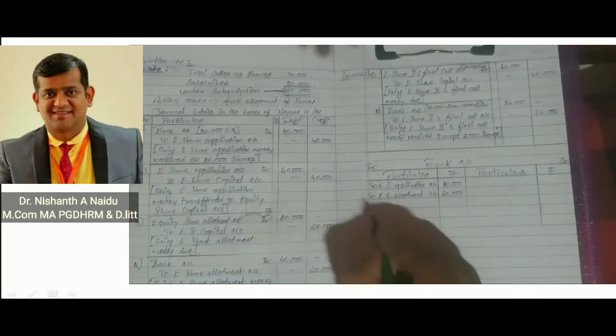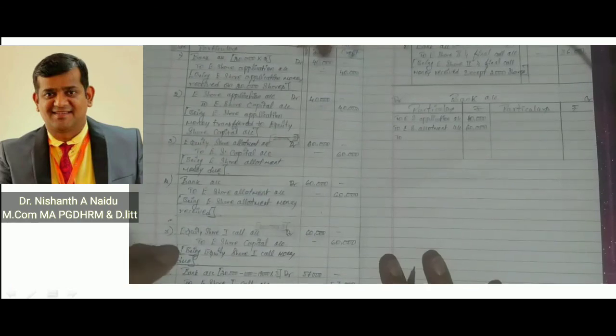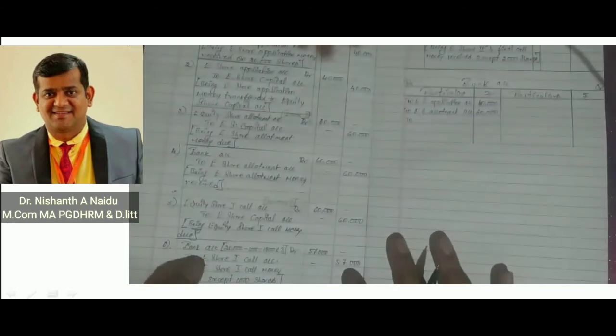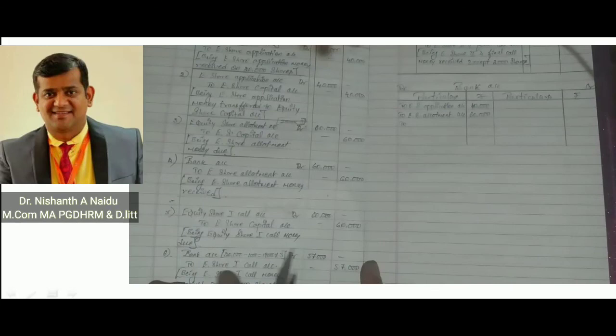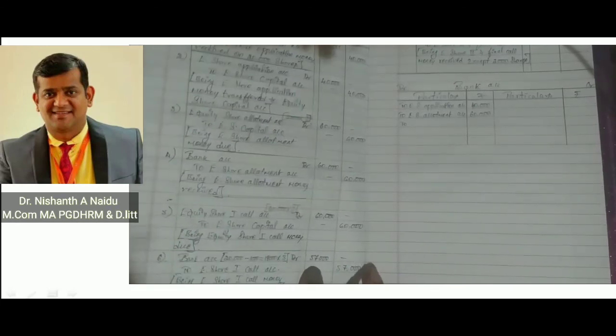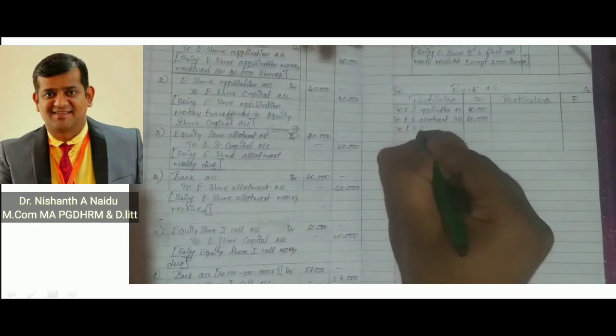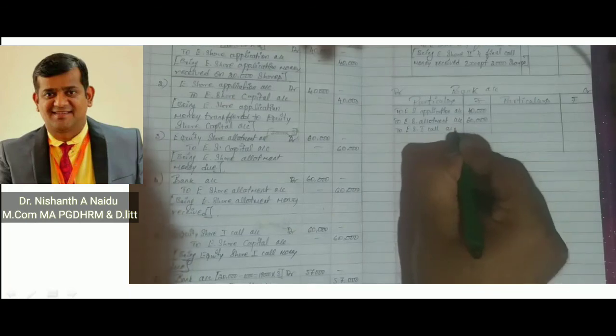Next, on the fifth entry I don't have any bank, but on the sixth entry yes, I have bank towards equity share first call account, 57,000 rupees.